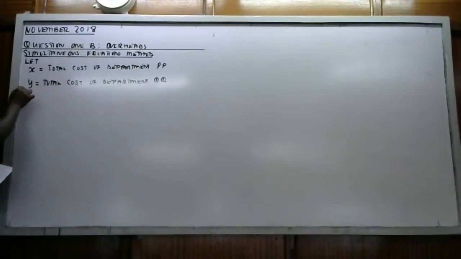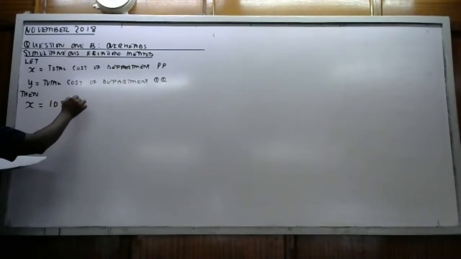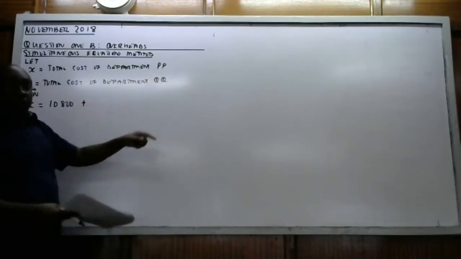So that we say then X will be equal to, you take the cost of X, which is then 800, plus what PP is going to receive from QQ.